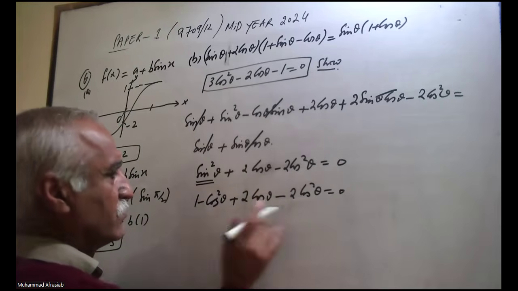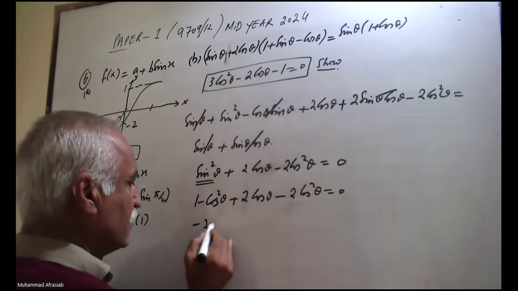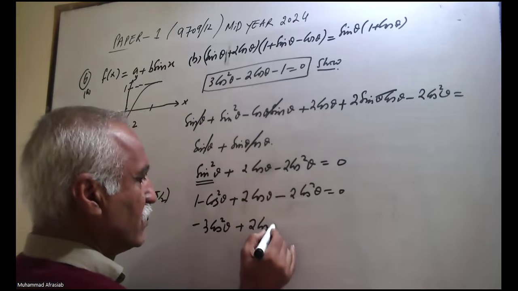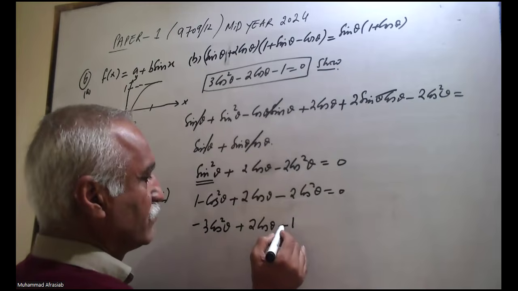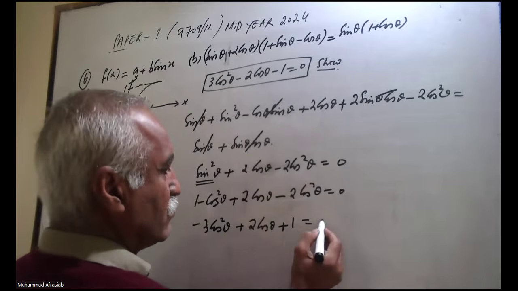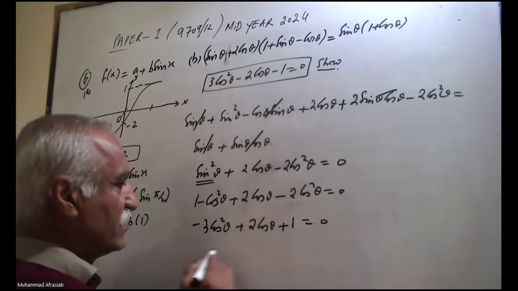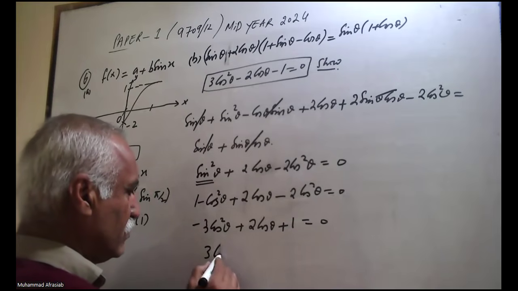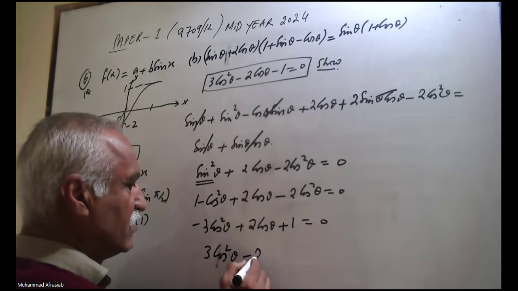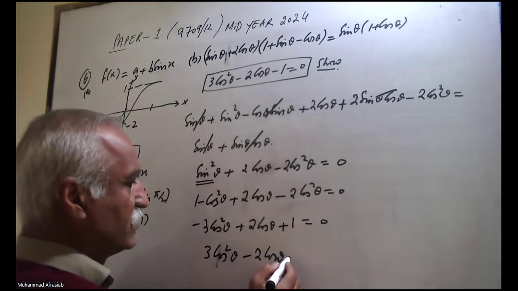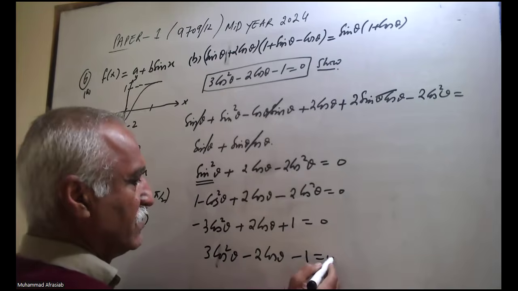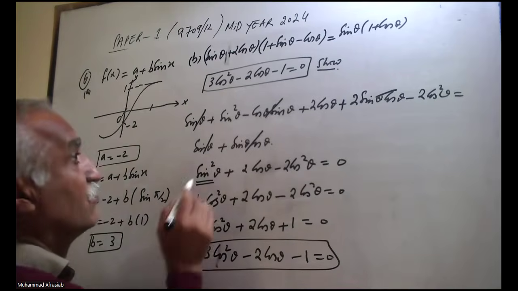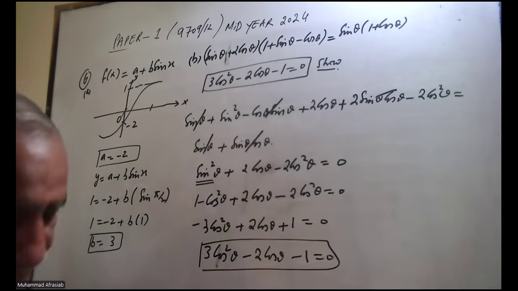So this minus this, so minus 3 cos square theta plus 2 cos theta plus 1 equal to 0. Or if we shift the signs, this will be 3 cos square theta minus 2 cos theta minus 1 equal to 0. And this is the thing we have to prove in this part there.